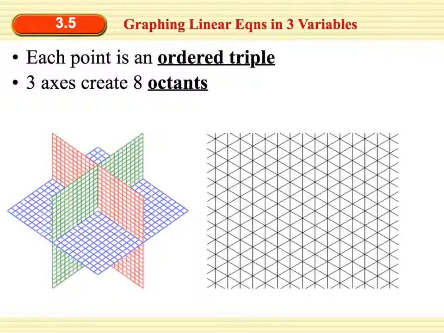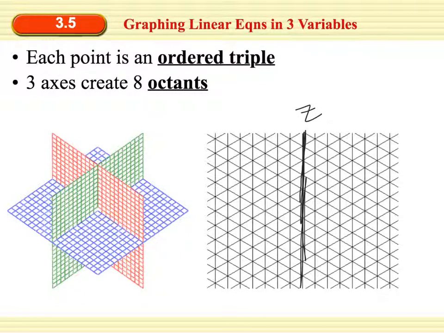Now our 3D graph paper is going to look a little different. You'll see that I do have some of this over in the bin with the graphing paper, but it's going to look something like this. The easiest thing for you to do is to take a 3D graph paper, and I always start out by generating the z-axis, which is going to be the vertical axis.